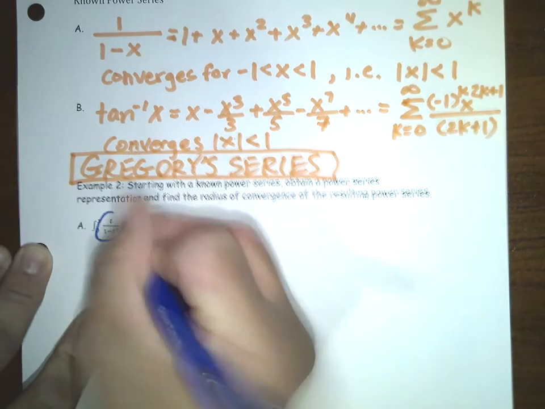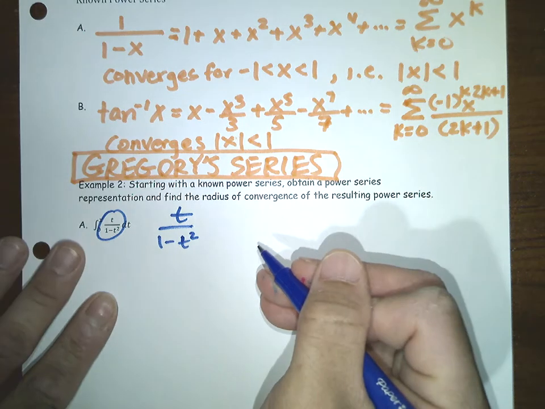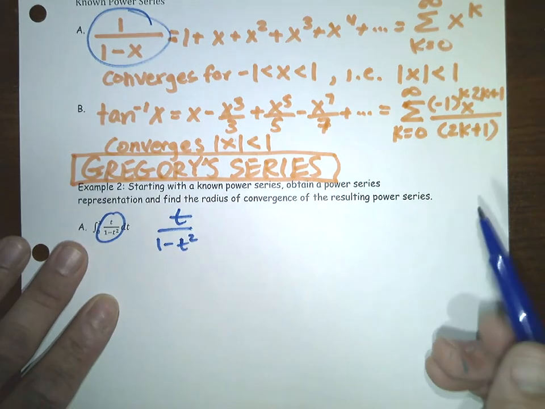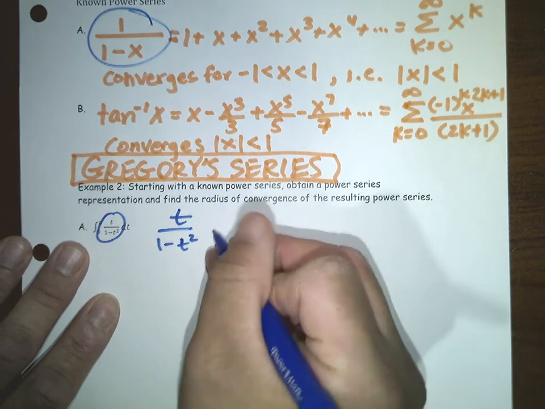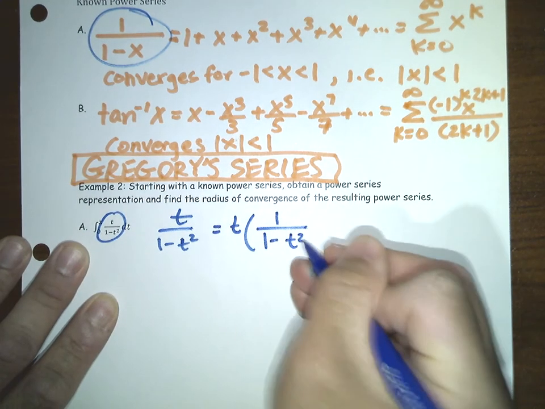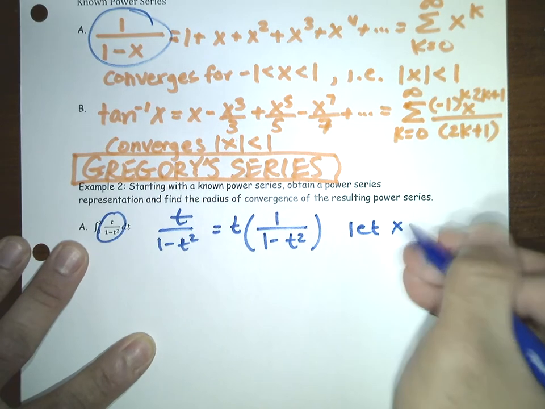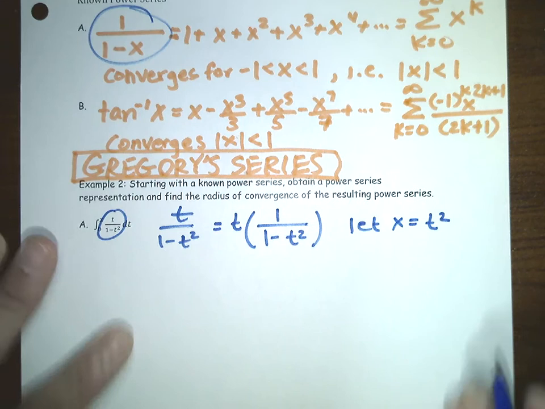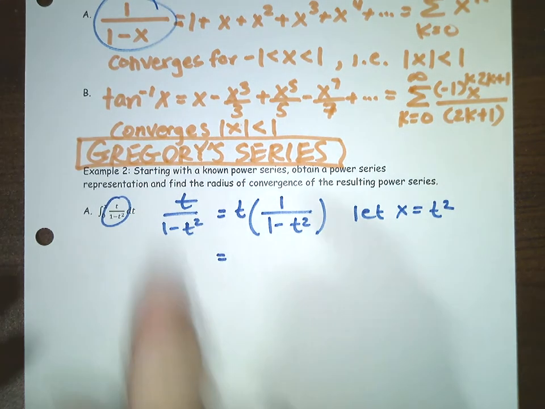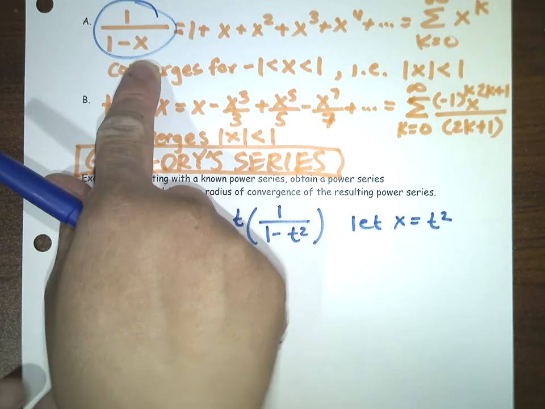So if I just look at t over 1 minus t squared, I see that it sort of looks like this first series here, but I could factor out the t, so make it t times 1 over 1 minus t squared. And then if I let x be t squared, then I can just do that. So wherever there is an x, I'm going to put a t squared.